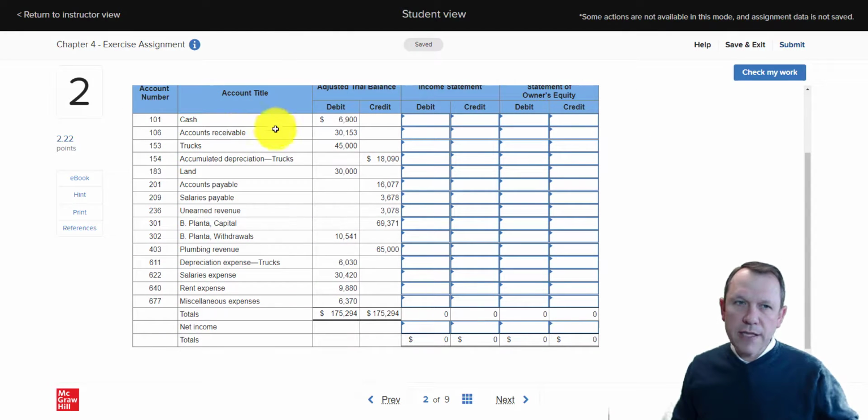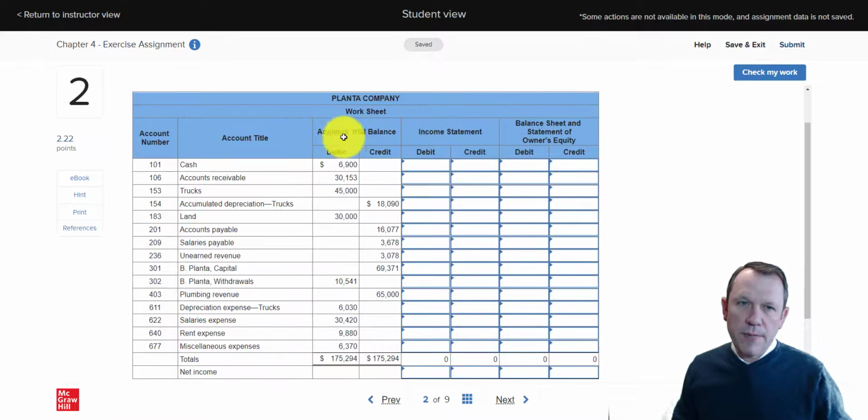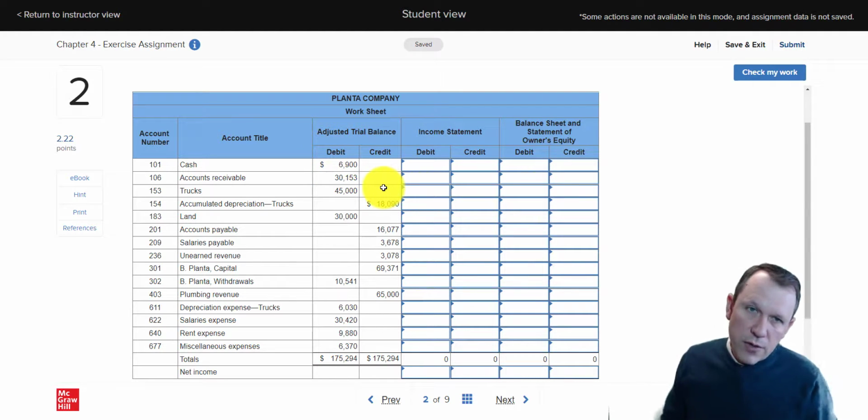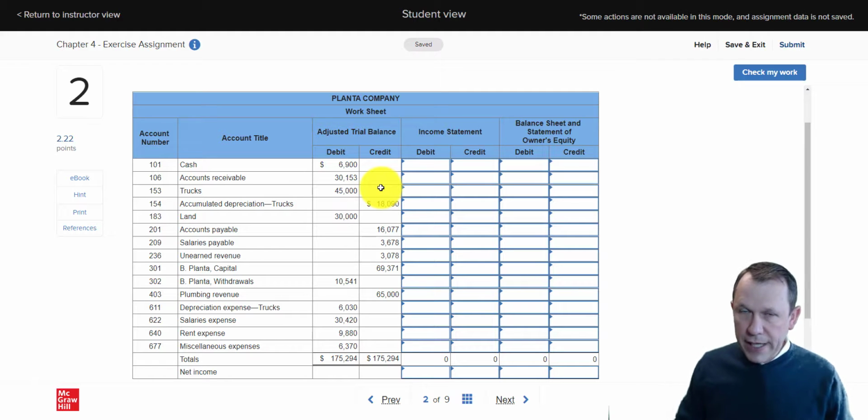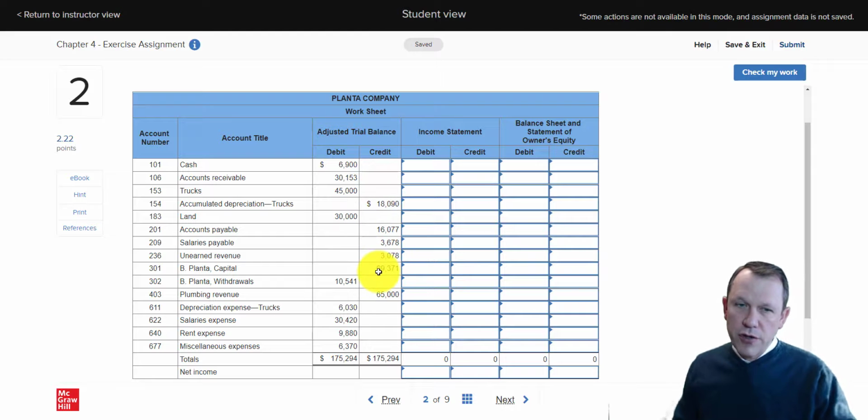They slide across from the adjusted trial balance column into the income statement or the balance sheet and owner's equity. They're going to maintain their debit or credit balance that they have in the adjusted trial balance columns as they slide across. One important thing to note is this: the income statement is going to be first, and it's going to start at the bottom.